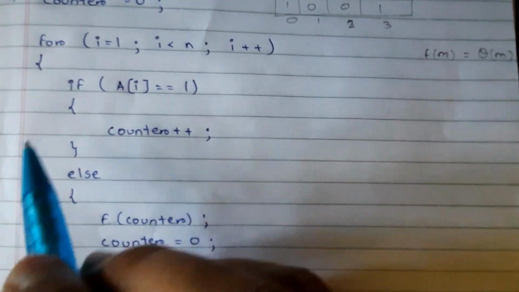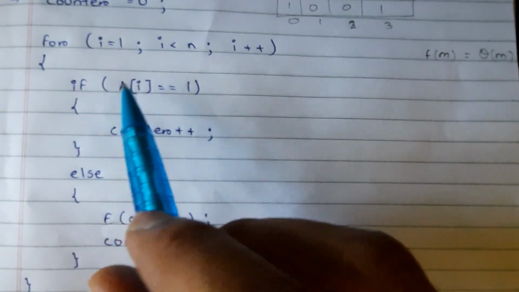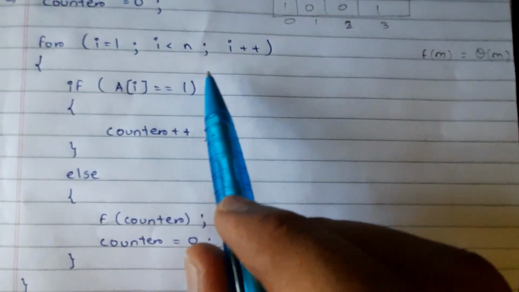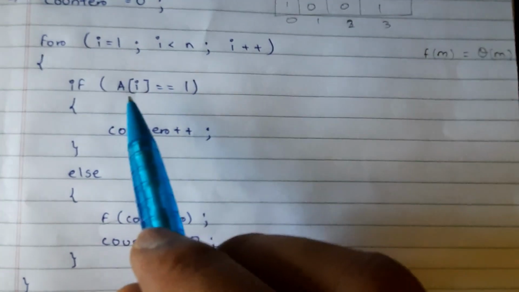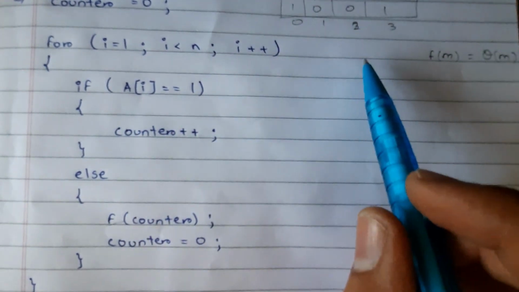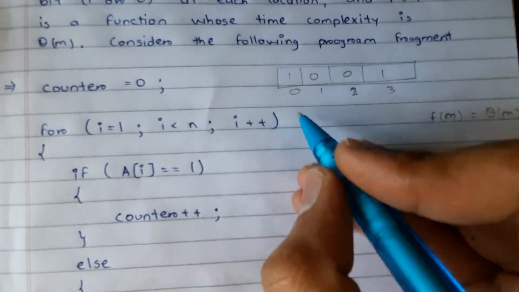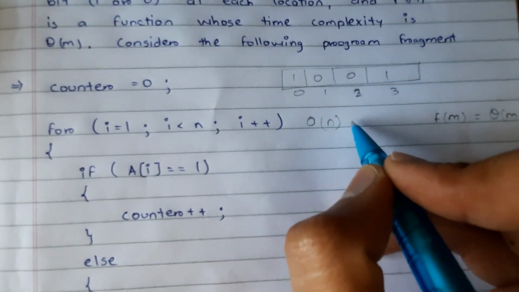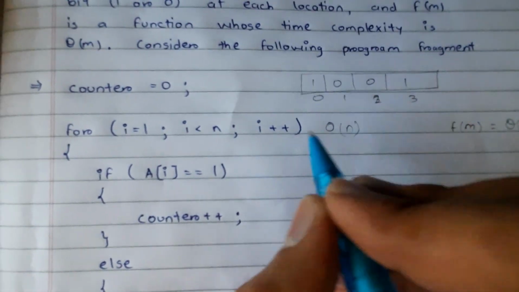As the for loop iterates over the array, if the array has n elements, then the loop will iterate n times, that is, the loop will take O(n) time. The complexity of this loop is O(n).